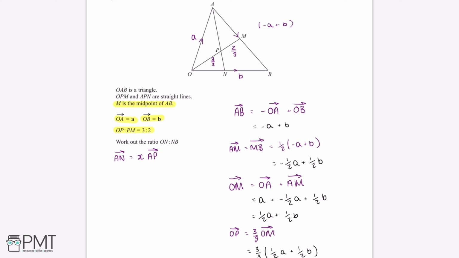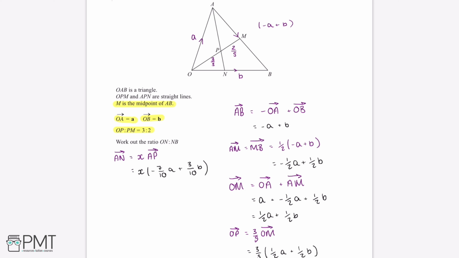We worked out before that AP was equal to negative 7/10 a plus 3/10 b. So AN is equal to x multiplied by negative 7/10 a plus 3/10 b.